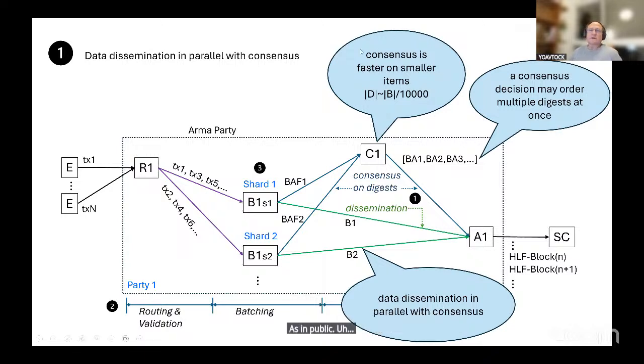So consensus is faster on smaller items, and a digest is about 10,000 times smaller than a block. That's one plus. The dissemination here in the green line is directly and in parallel from the batchers to the assemblers.